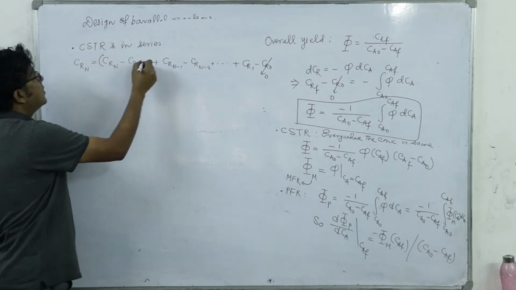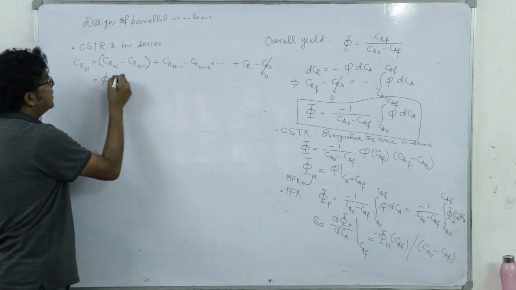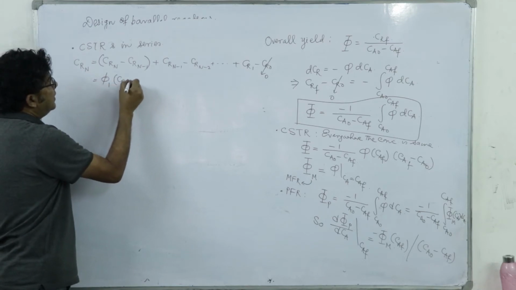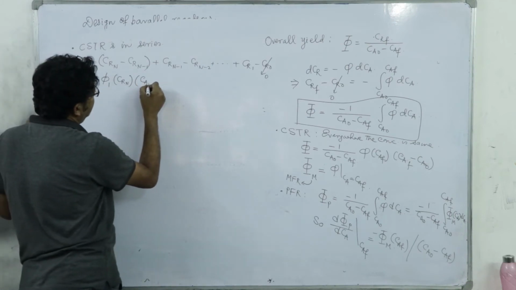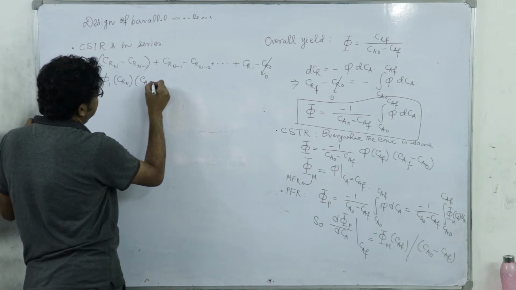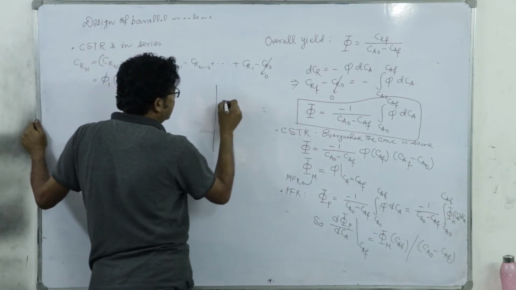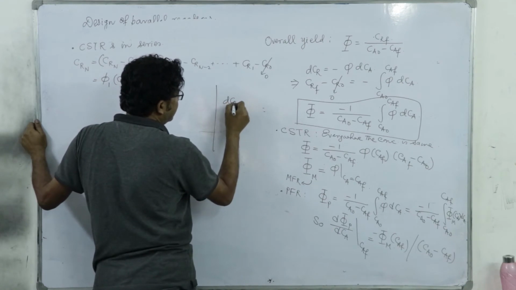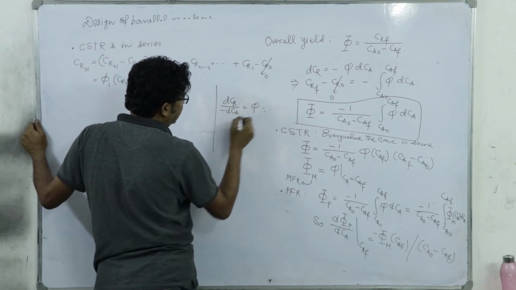So, this one will be equal to phi 1 at Crn into... let us see what's happening, this dCr by dCa minus is equal to phi.